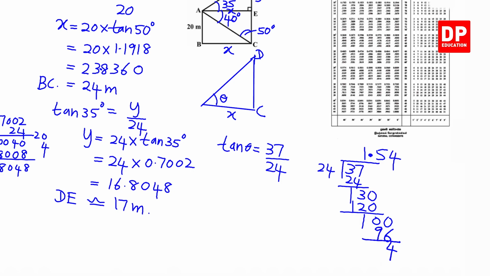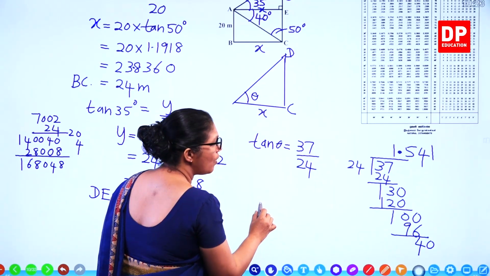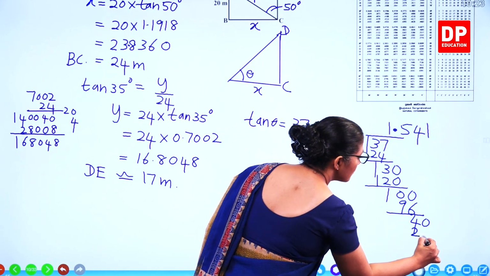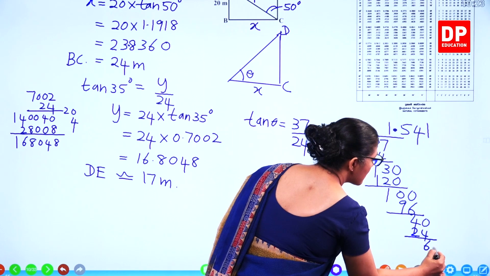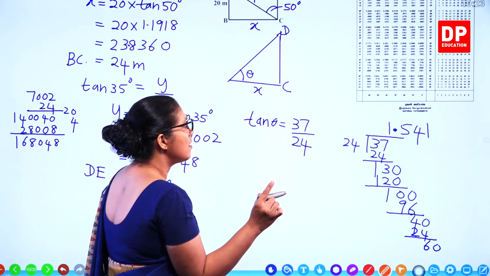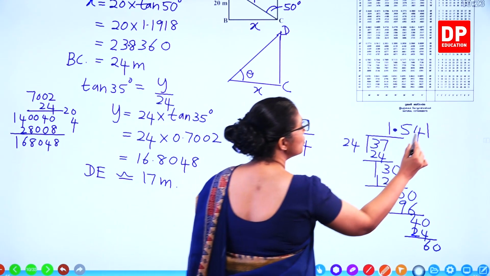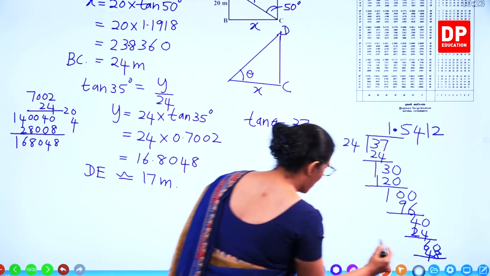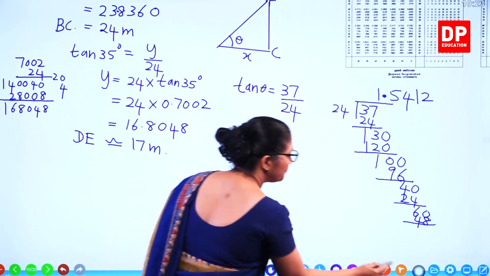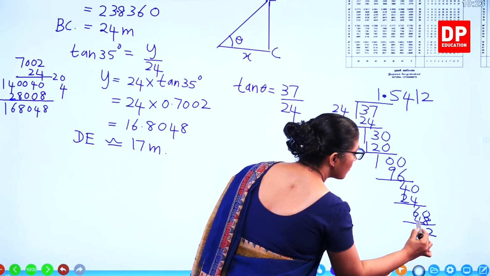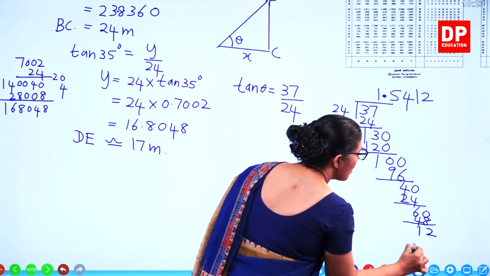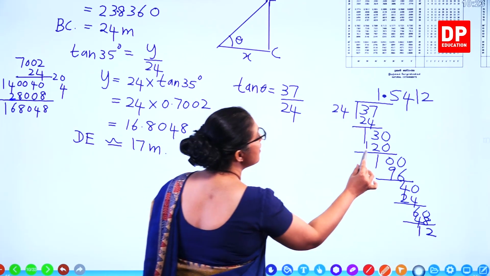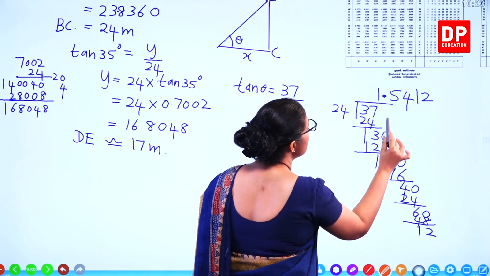Now 4 remaining. For 40, that's 1. You get 6. For 60, you need 2. 8, 4. So what's the next one? 12. Again, for 120, you get 5.